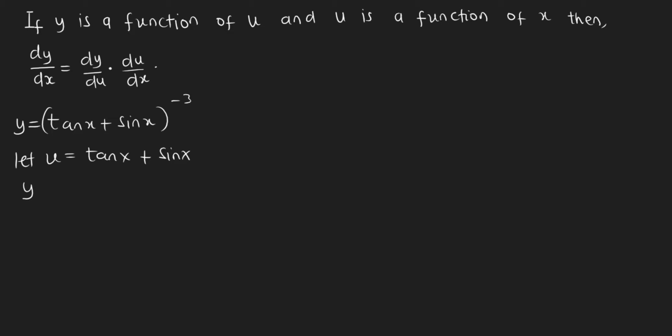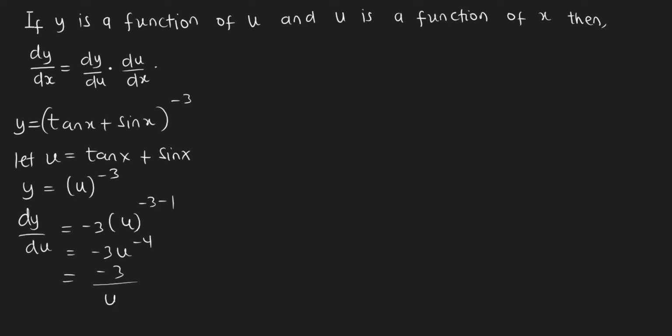So y will be equal to u to the power minus 3. So we now know y expressed in terms of u and then u expressed in terms of x. So we can find dy/du, and then we can apply the power rule here. We're going to have minus 3 multiplying u to the power minus 3 minus 1. That gives us minus 3u to the power minus 4. I can write this as minus 3 divided by u to the power 4.